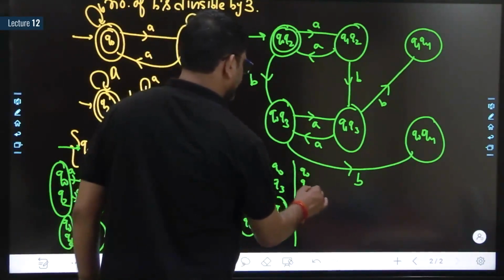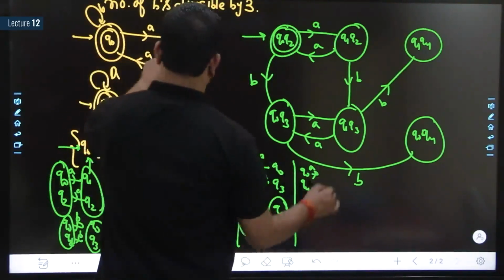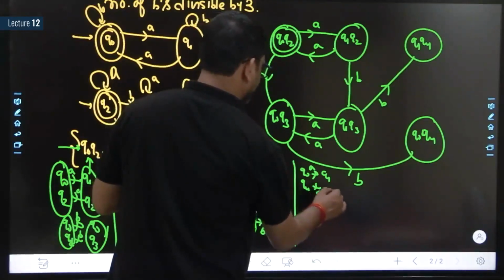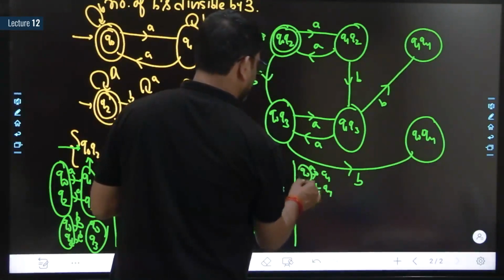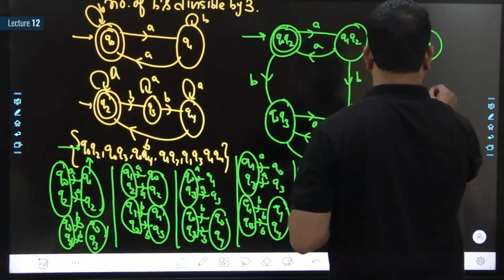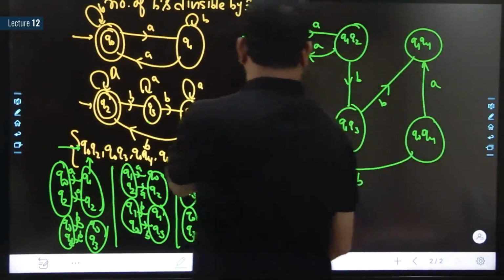Q0Q4. Q0 on A goes to Q1, Q4 on A stays Q4, so Q0Q4 on A goes to Q1Q4. What about the B?